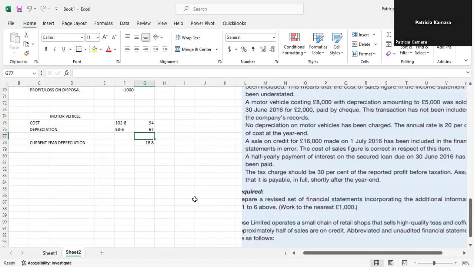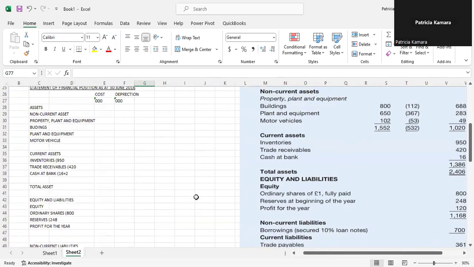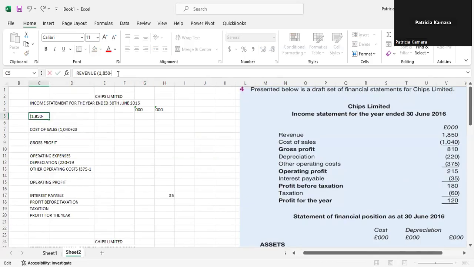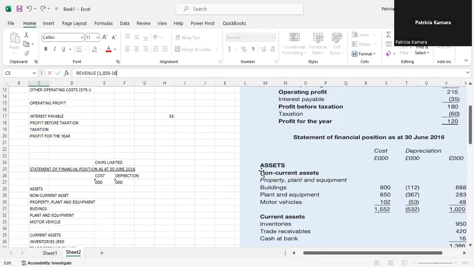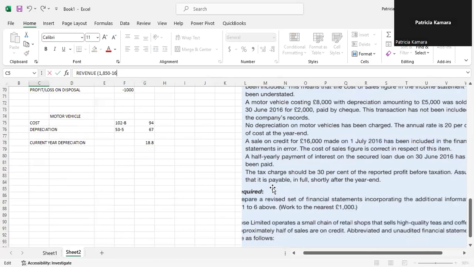So if it has been overstated, we have to deduct that 16,000 from the figure. So let's do that. Sales or revenue is the same thing, okay? So we have to subtract the 16 from here. And then let's go back to the question. The question is saying that it is a credit sale. If it's a credit sale, it means that we sold the goods on credit, and then our receivable figure would have increased.